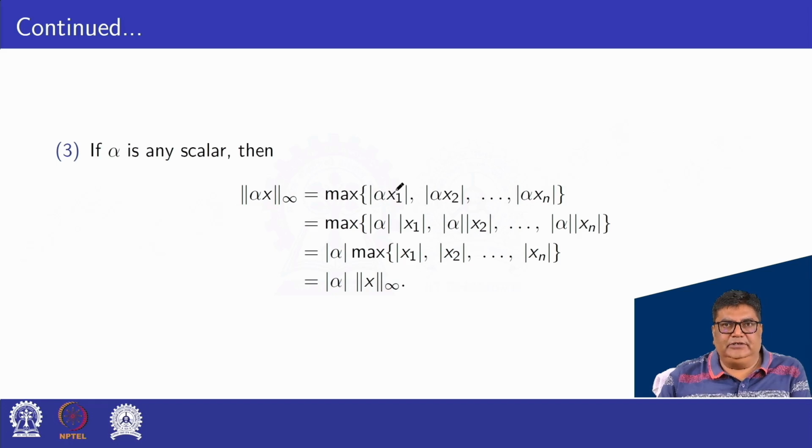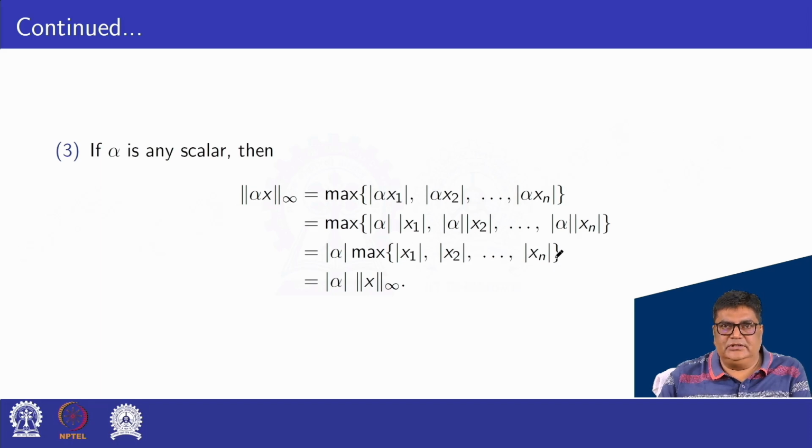So each term |alpha x1|, |alpha x2| and so on |alpha xn| we can write as |alpha||x1|, |alpha||x2| and so on, last term |alpha||xn|. So |alpha| times the max value of |x1|, |x2| and so on |xn|.